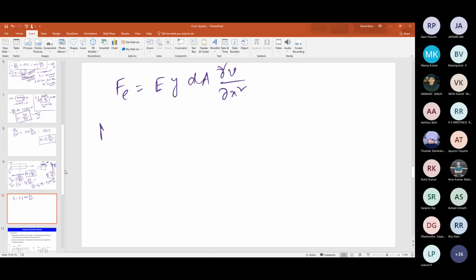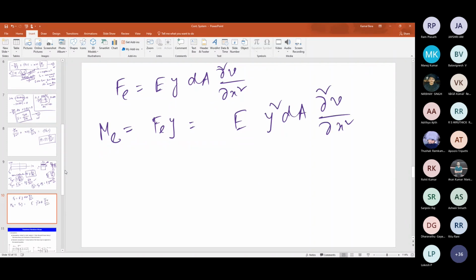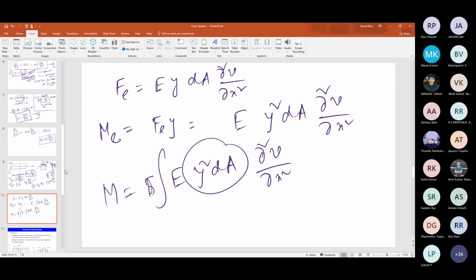So the moment for that small strip, F into y, is equal to E y squared dA into del 2 v by del x squared. So that is for a small element. For all such elements, the total moment is equal to the integral of E, E outside, y squared dA into del 2 v by del x squared. The integral of y squared dA is nothing but I, the second area moment of inertia about the neutral axis. So M equals E I del 2 v by del x squared. Done?